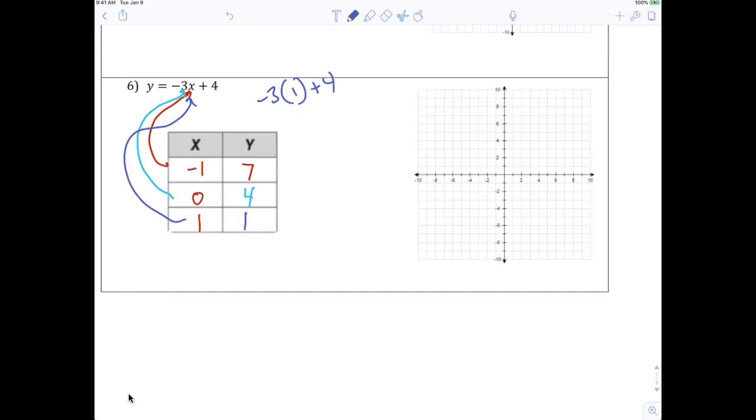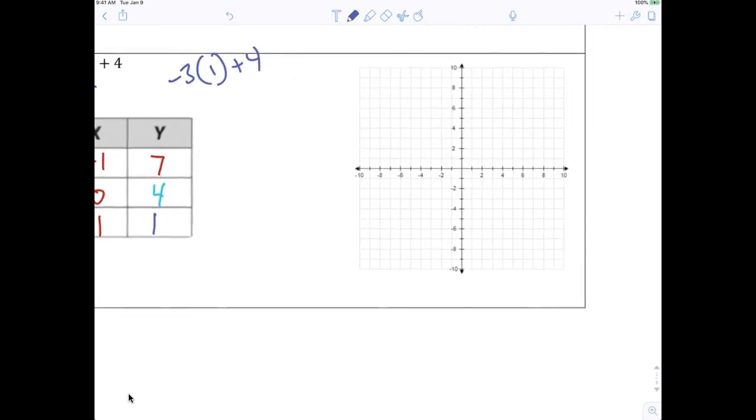Plot the points. What do I get when I plot the points? Negative 1, 7, 0, 4, 1, 1. Again, if you've done it correctly, the 3 points will line up to form the line.